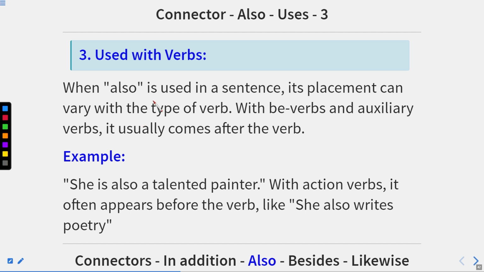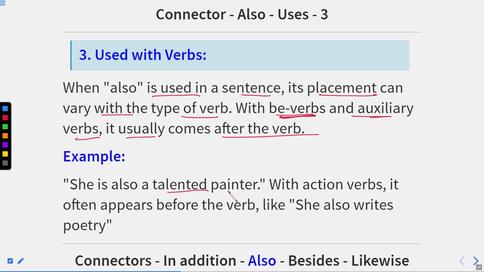Used with verbs: when "also" is used in a sentence, its placement can vary with the type of verb. Whatever type of verb we have, the auxiliary verb or the main verb, the position of the word "also" can differ. With "be" verbs, which means auxiliary verbs or helping verbs, it usually comes after the verb. So whenever we have an auxiliary verb, "also" comes after it.